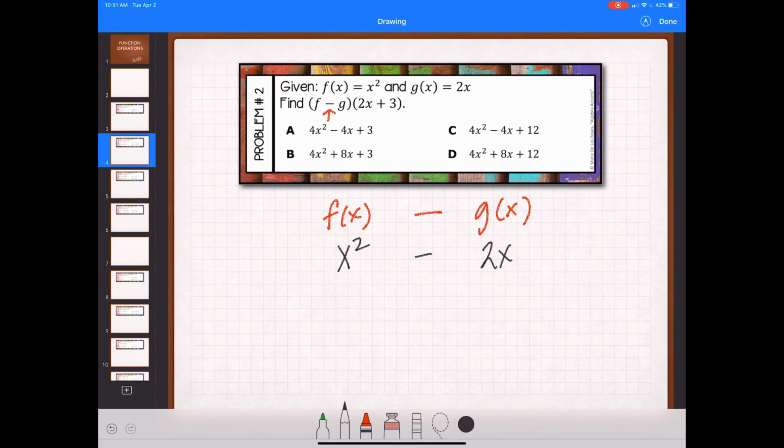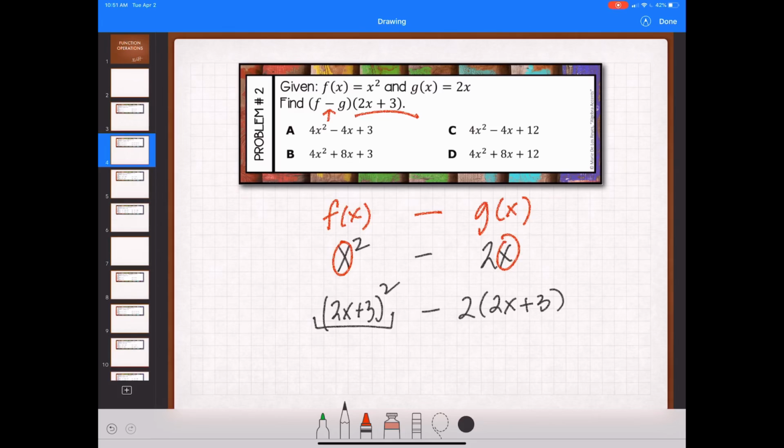So now I can go ahead and I can do the plug-in. My plug-in is 2x plus 3. That's the input. So I need to put it inside of my x variable. So now I have 2x plus 3 squared minus 2 times 2x plus 3. Okay, so now we're going to simplify this. I'm going to simplify this first.